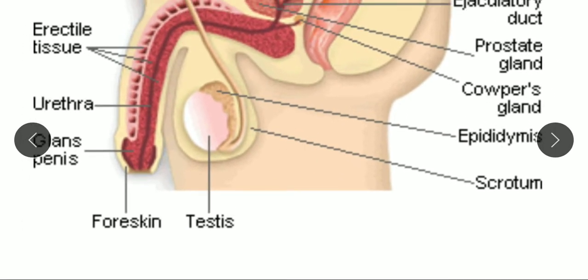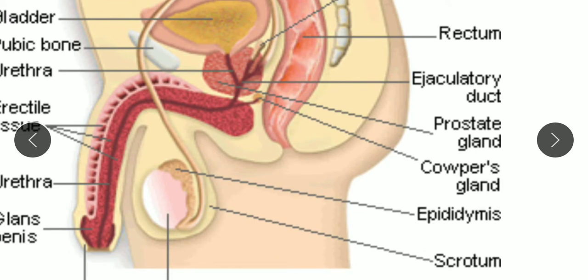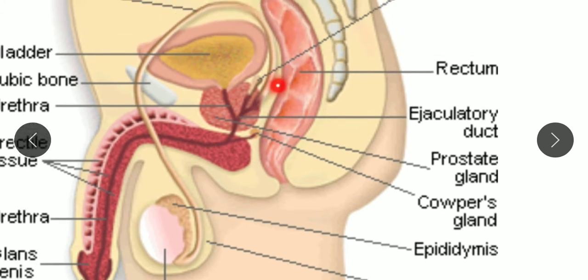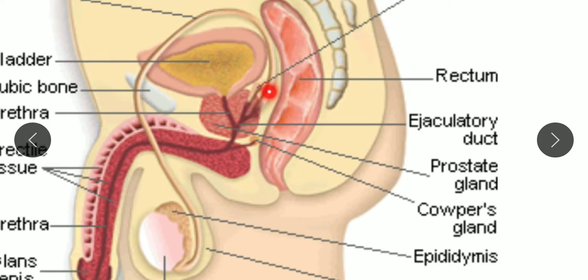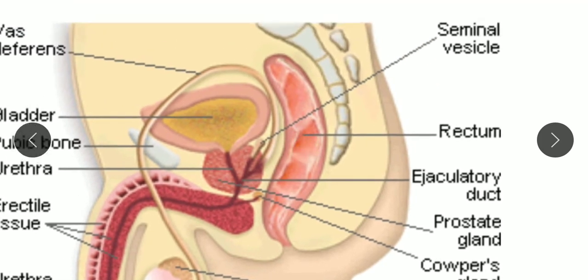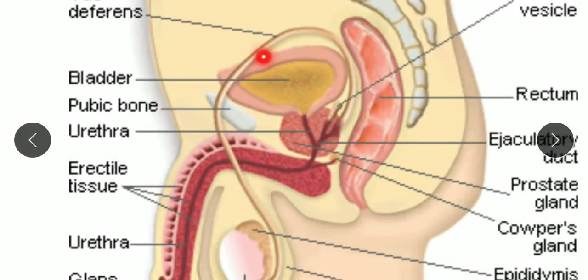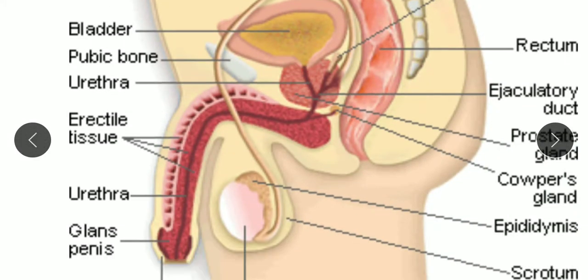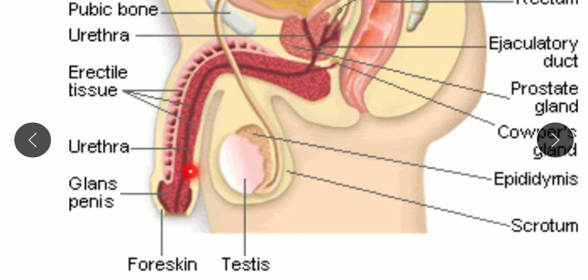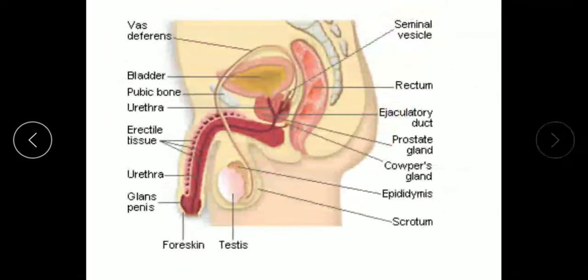It consists of a scrotum and testes, then Cowper's gland, prostate gland, and ejaculatory duct, then seminal vesicles and vas deferens, bladder, urethra, and glans penis. They form the male reproductive organ system.